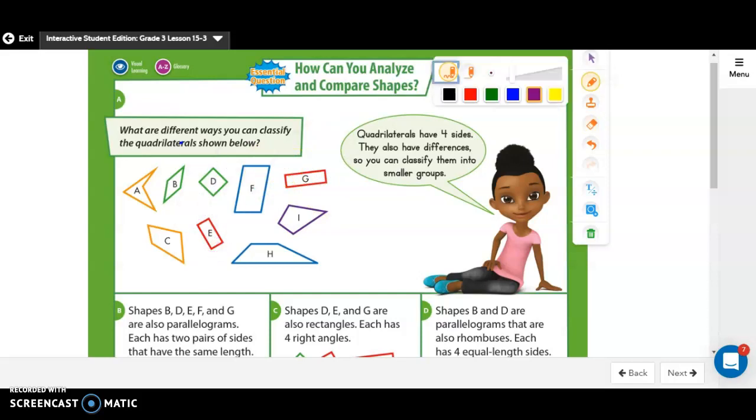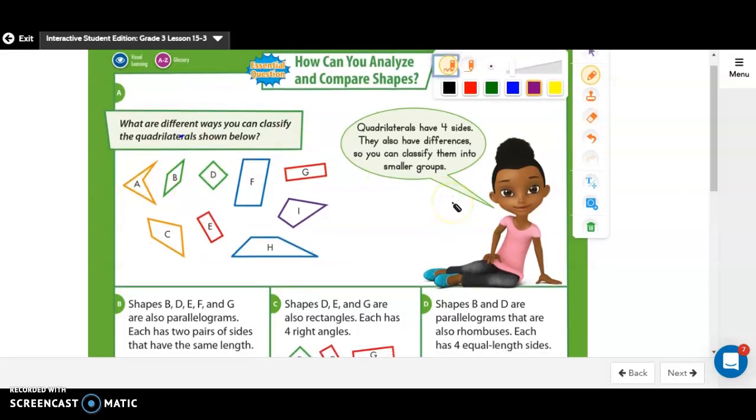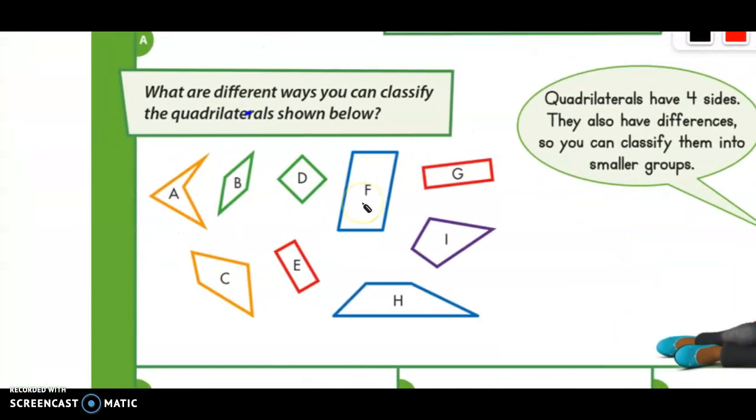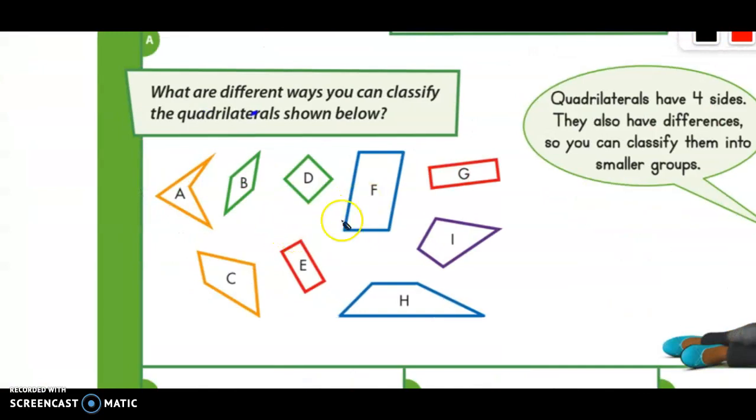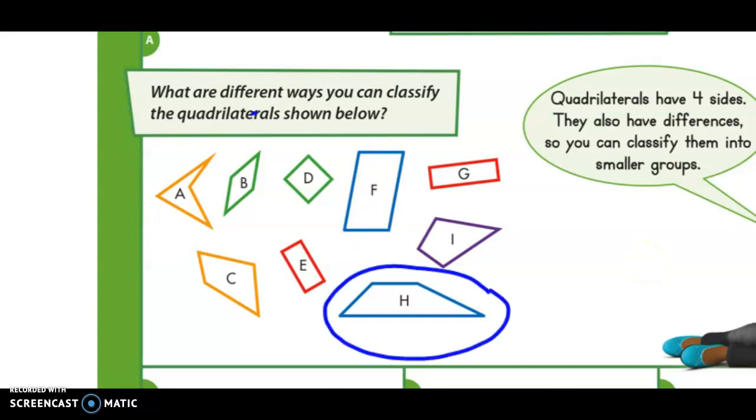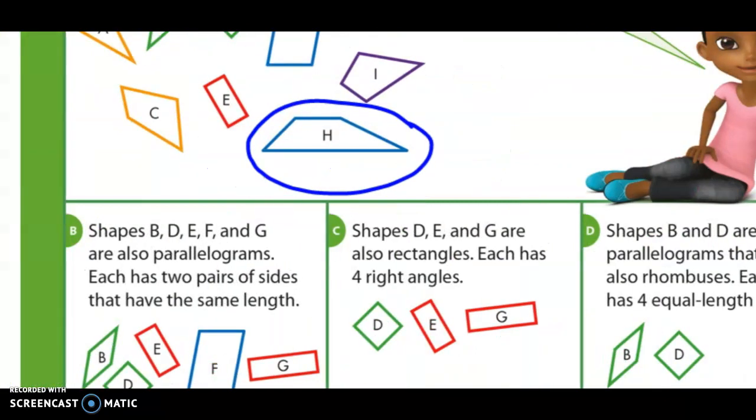Okay, and then even one more way that we could do that is put the ones that are rhombuses into groups. Remember, in order to be a rhombus, you have to have only one set of parallel sides. They have to be in opposite sides. So this guy's a rhombus because he has one set of parallel sides.